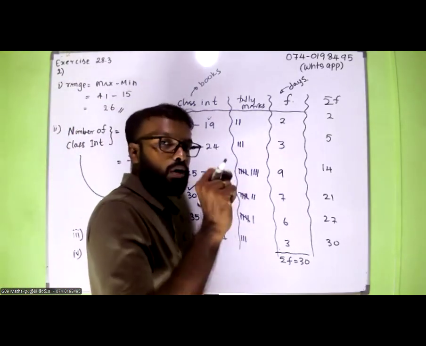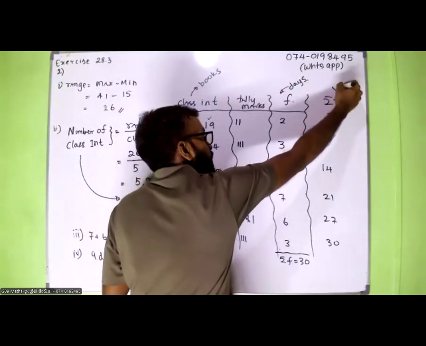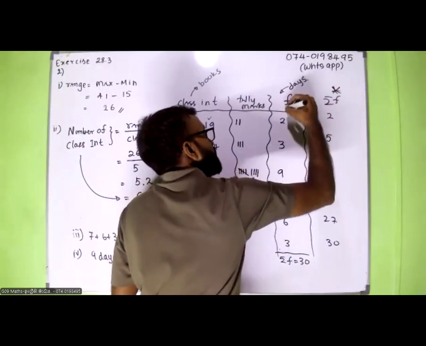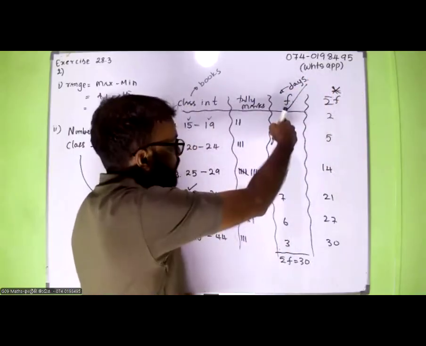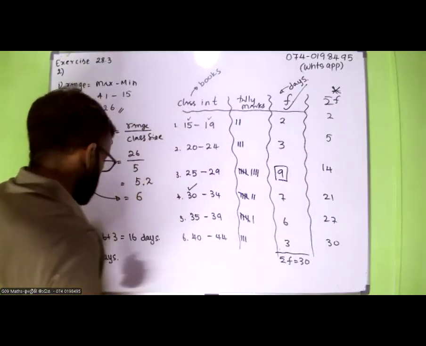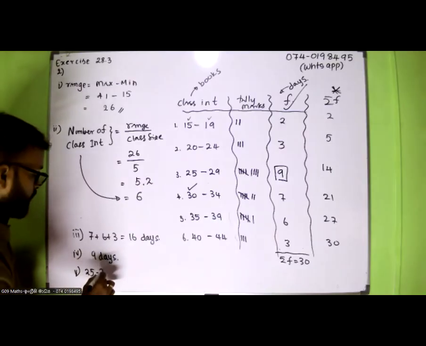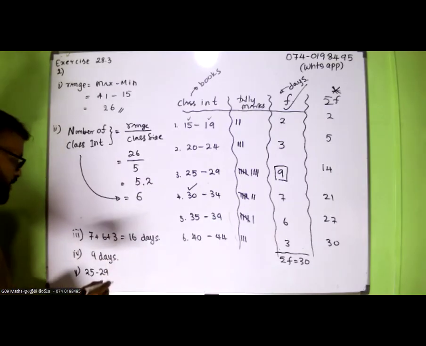If you want to find the modal class, you need to refer to the frequency column, this F frequency. Highest frequency 9. 25 to 29. Right? So this is the modal class.